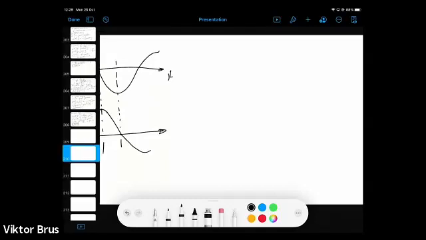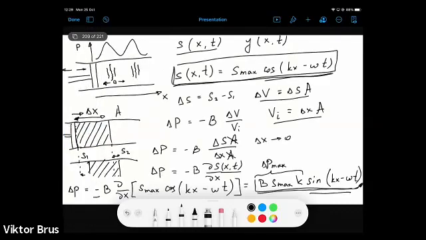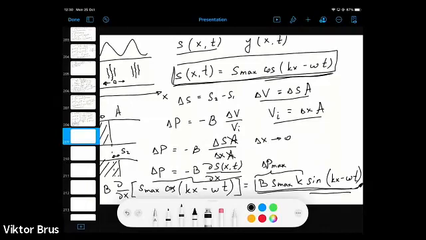If we take a look at our derivation, we came to this relationship where the change in pressure is proportional to the first partial derivative of the displacement as a function of x and t over x. When we take this derivative, we change cosine to minus sinus, and that's where this phase shift of 90 degrees comes from.